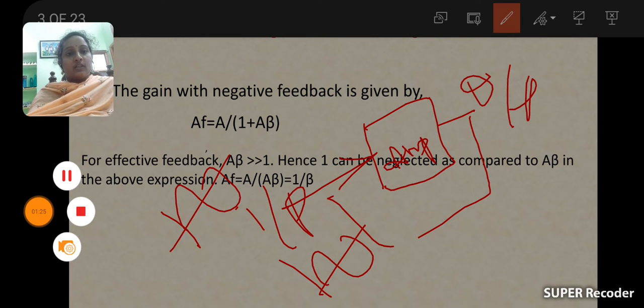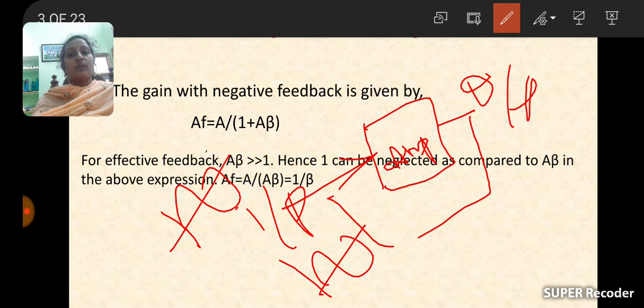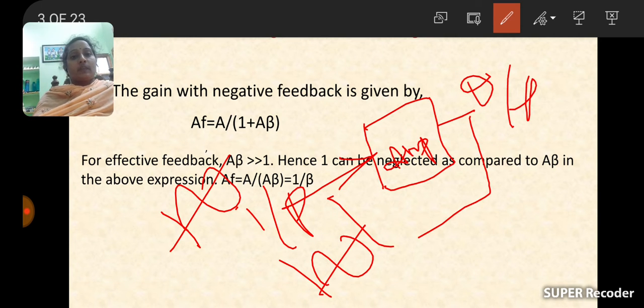So mainly the feedbacks are of two types, positive feedback as well as negative feedback.